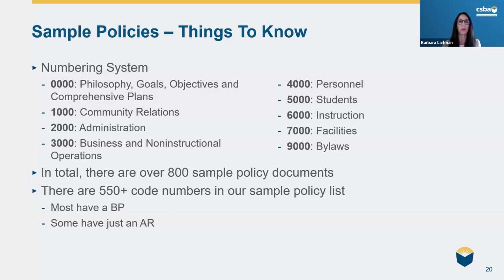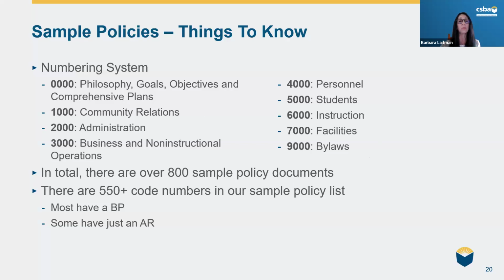It really shouldn't create any problems at all for you, but it is a good thing to know. And if you ever want more explanation, feel free to contact me or anybody else in the policy services group to explain it. But I think this should give you a clear enough idea moving forward about the basics of it. Just a little bit more about our policies. We have a lot of them. We have over 800 total documents for our samples.